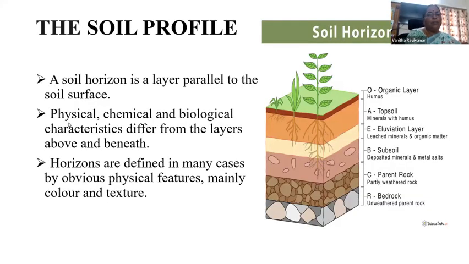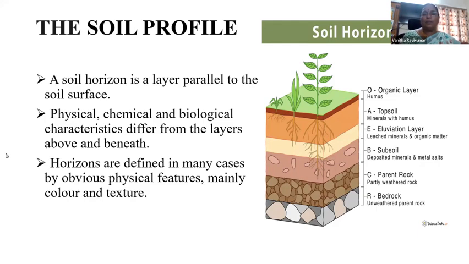In the soil profile, on the right side, we have fully explained the different root structures of shallow rooted and deep rooted plants. Shallow rooted means vegetable crops, and deep rooted means tree crops.